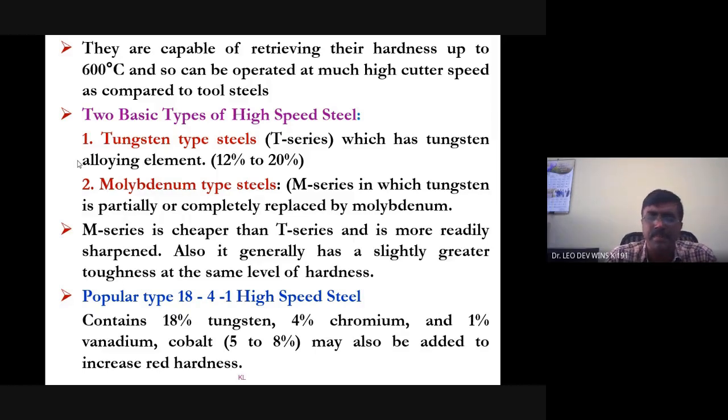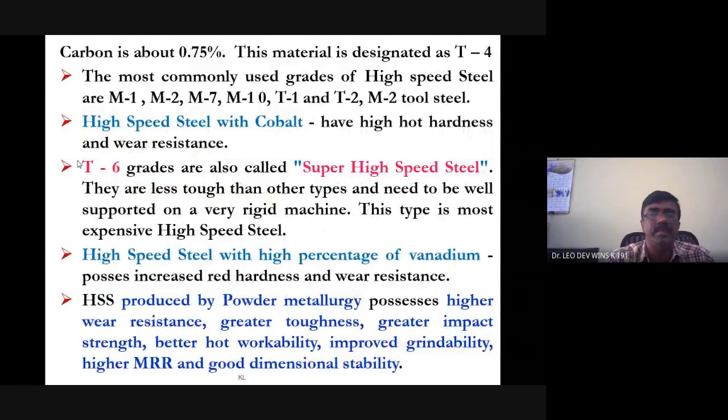Other elements may be added to increase the hot hardness, but these three materials will have the composition 18-4-1. The carbon content is a maximum of 0.75 percent.